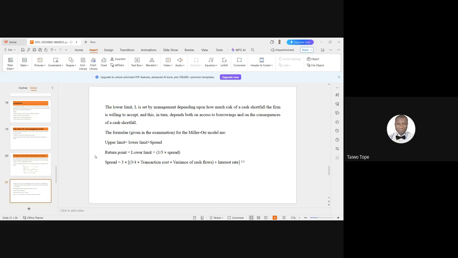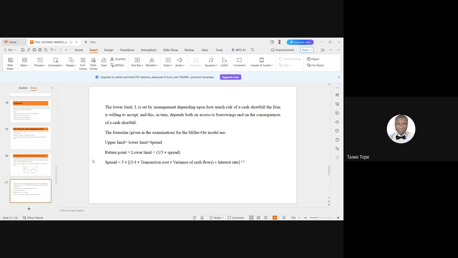So the return point is your lower limit plus 1/3 multiplied by your spread. Your spread is 3 multiplied by, into the brackets, we have two brackets here.